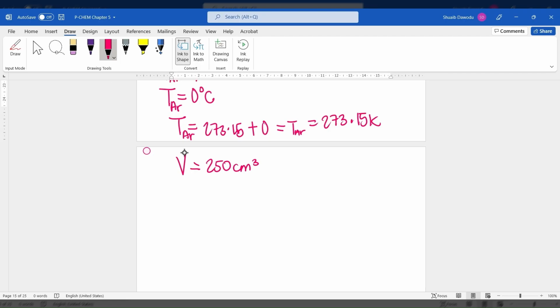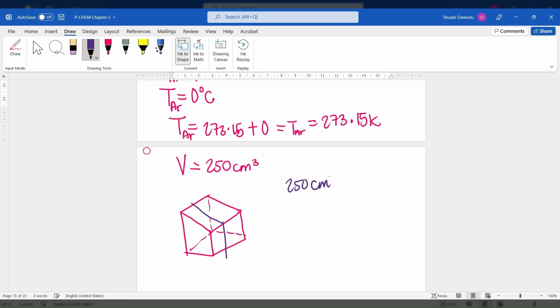One thing you can do is redraw the container in order to determine the volume for each compartment. The total volume is 250 centimeter cube. If you divide it into two equal halves, you have 250 centimeter cube divided by 2, so the volume of each of them would simply be 125 centimeter cube.